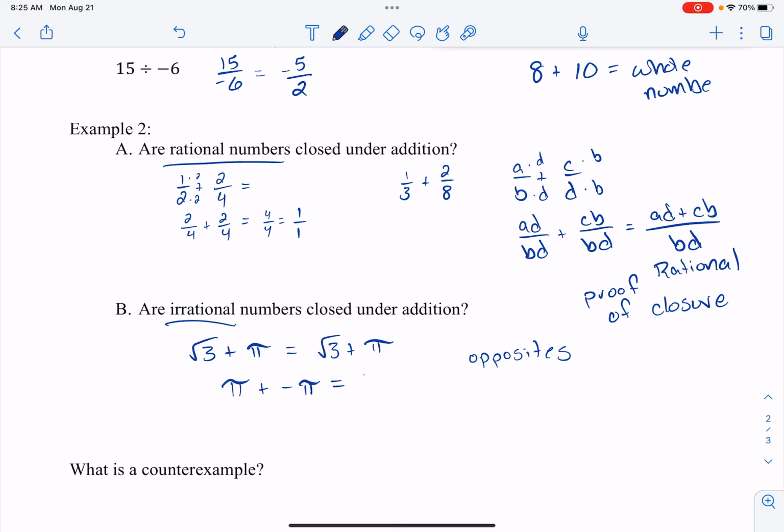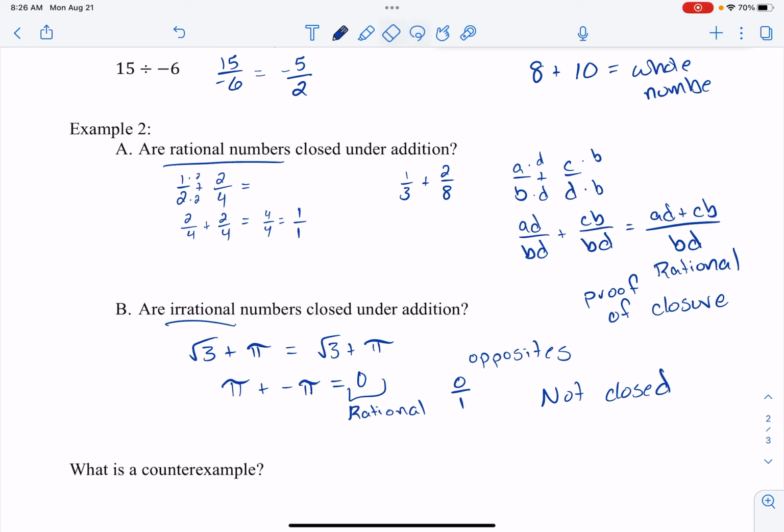What do I get? I get 0, which is rational because I can write it as 0 over 1. So an irrational plus an irrational got me a rational. So they are not closed.